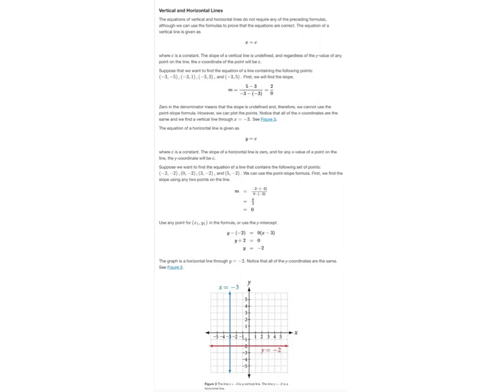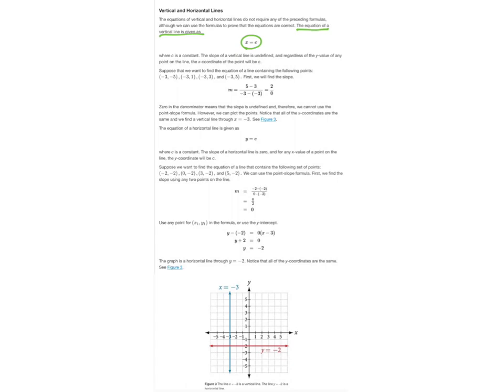So those are y equals. They try to talk you through that in the textbook. Really what you need to know is the equation of a vertical line is x equals c. I would write that down. The equation of a vertical line is given as x equals c, where c is a constant, just a number.